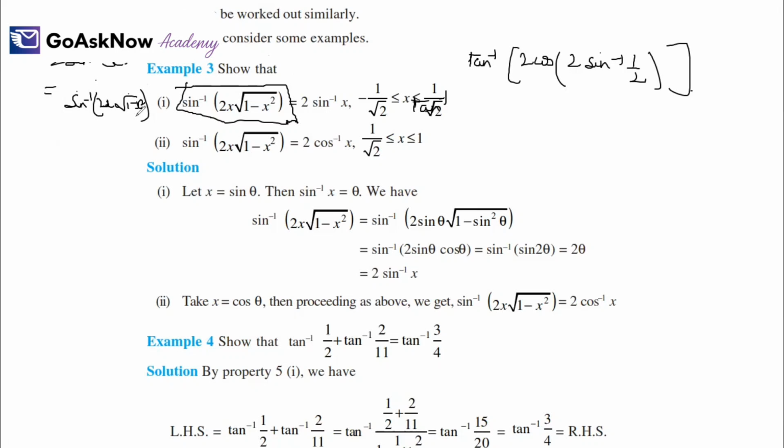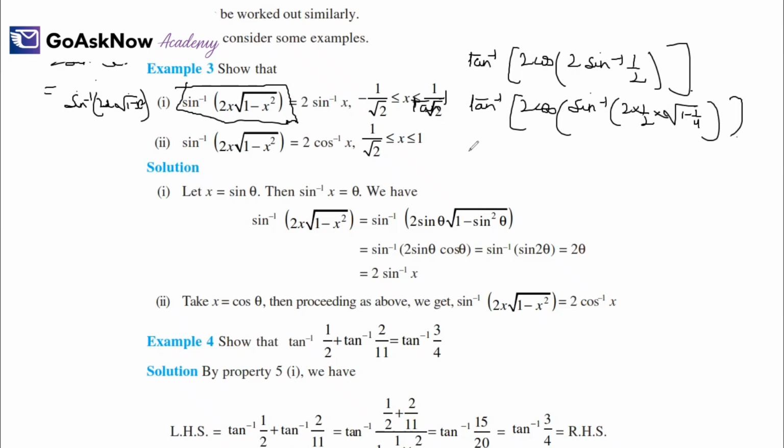And what is the x value? It is 1 by 2, so substitute 1 by 2 in place of x. It will become tan inverse of 2 cos, and 2 sine inverse will become sine inverse of 2 into 1 by 2 into root over 1 minus 1 by 4.